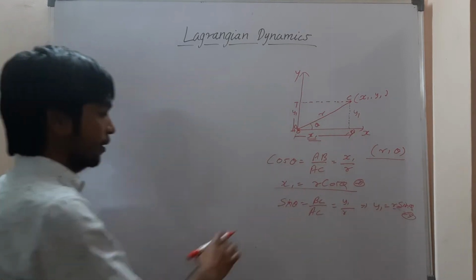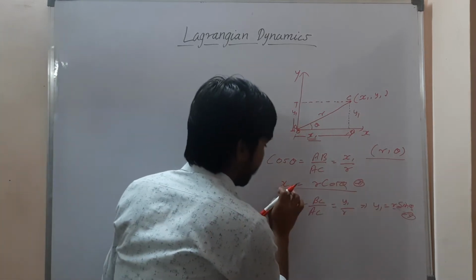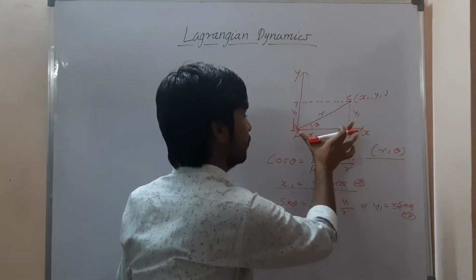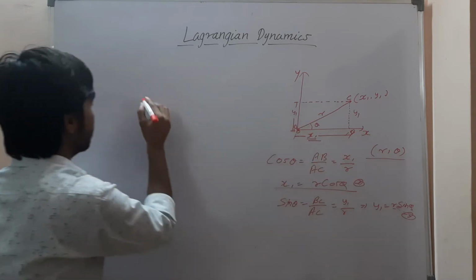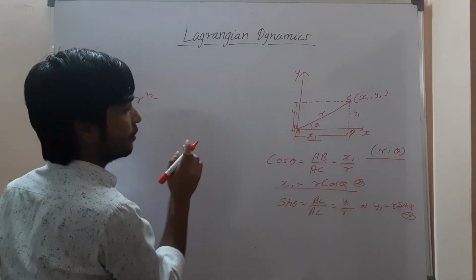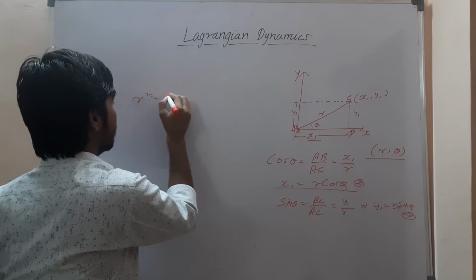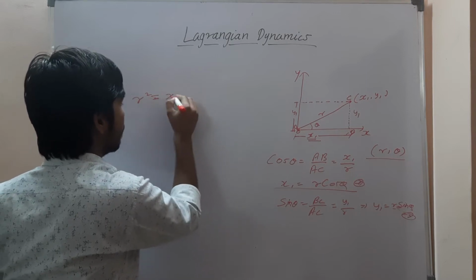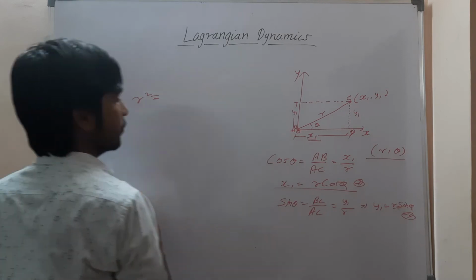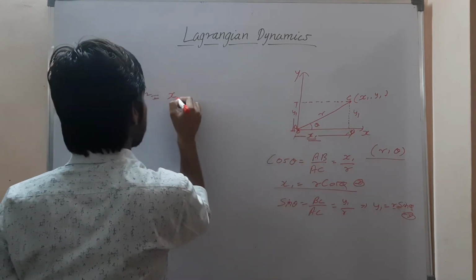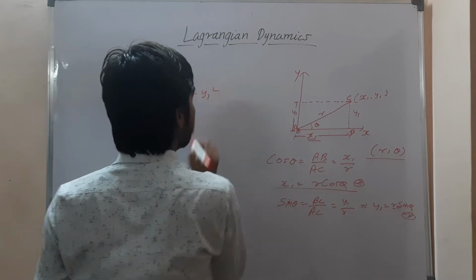Now if I use the Pythagoras theorem here, can I write like this? r square will be equal to x1 square plus y1 square.